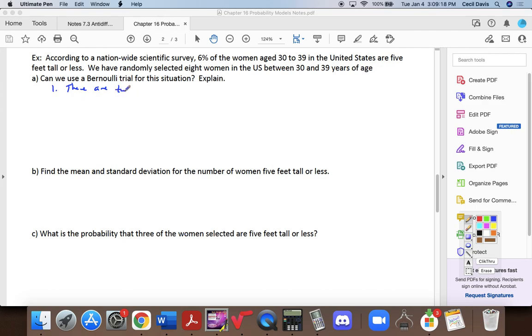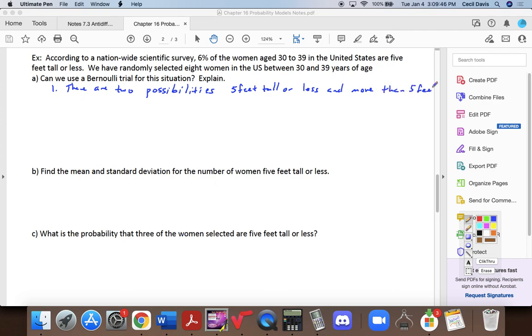There are 2 possibilities: small and not small. 5 feet tall or less, and more than 5 feet tall.